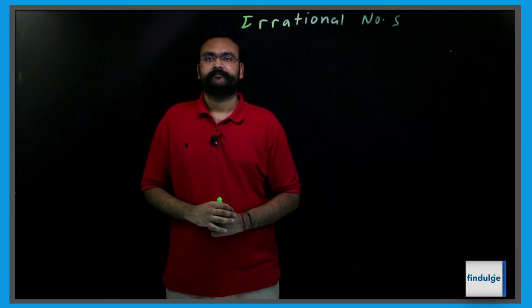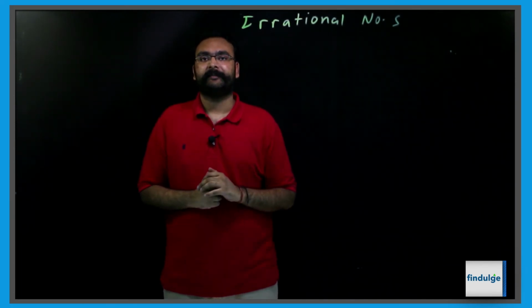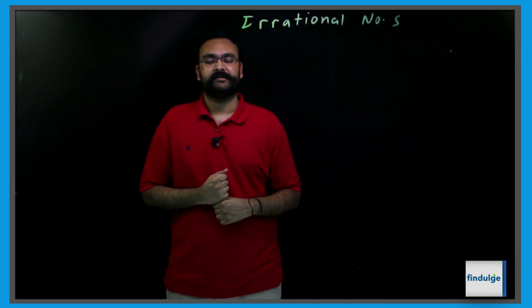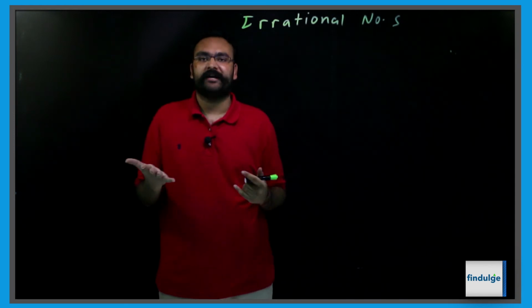And by extension, is it possible just by looking at the decimal expansion of a number that we can tell if it's rational or irrational? So let's see how we do these two things. So now let's look at the final part of the chapter, which is irrational numbers. As the name suggests, they are numbers that are not rational.